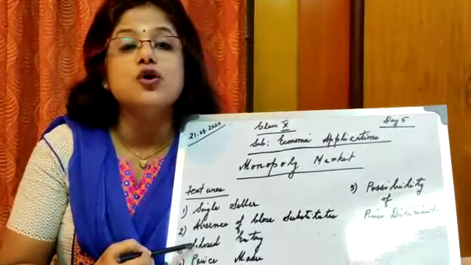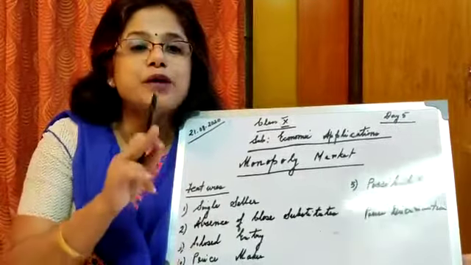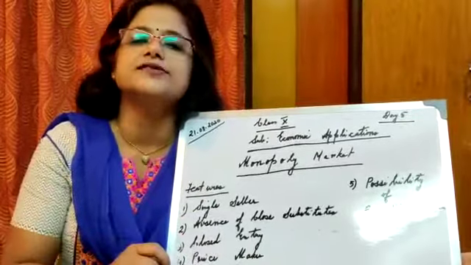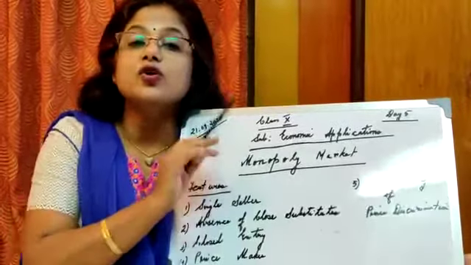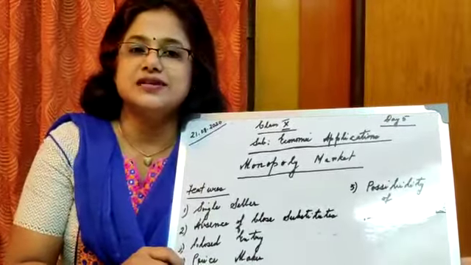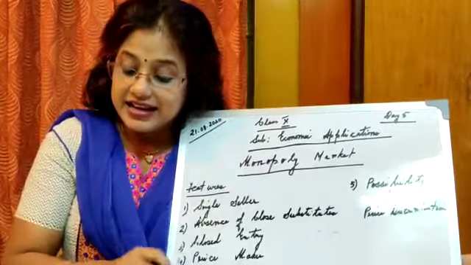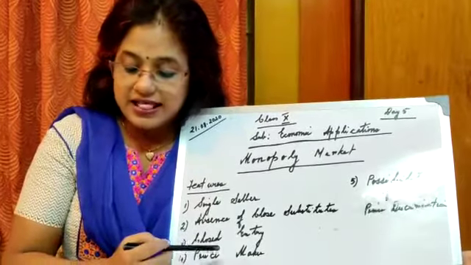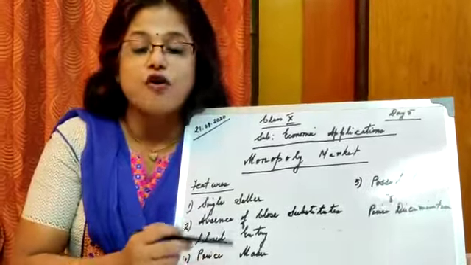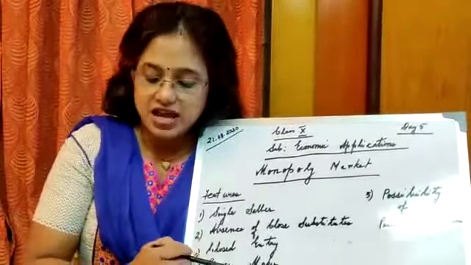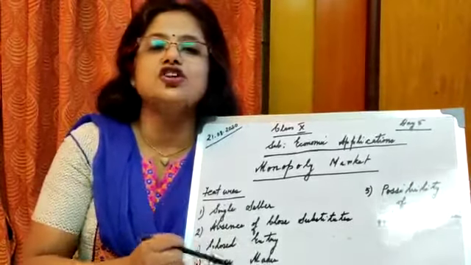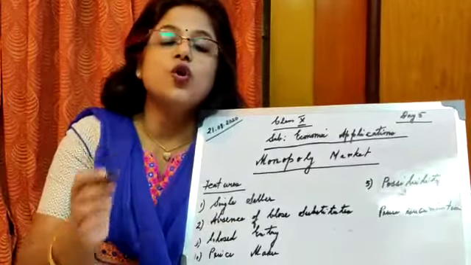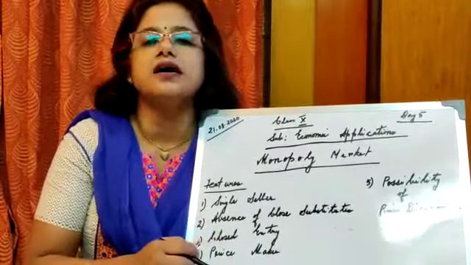After that, closed entry. In perfect competition, we saw there was freedom of entry and exit, that means there were no legal restrictions. But here, there are legal restrictions in the form of patent rights, copyrights, government laws, etc. Because of these restrictions, no other seller can enter the market.